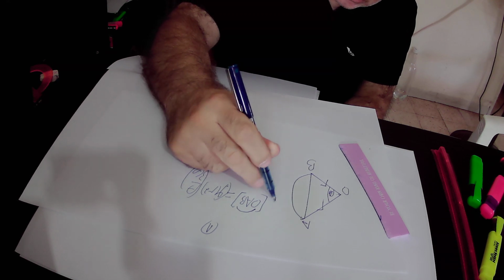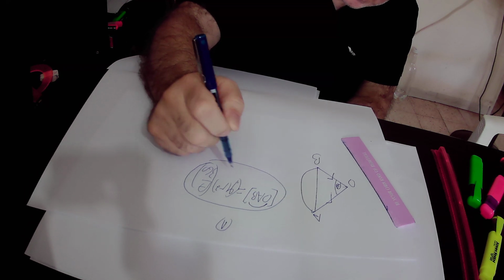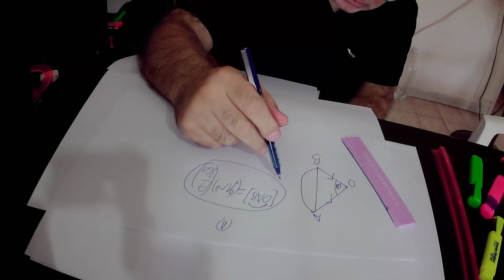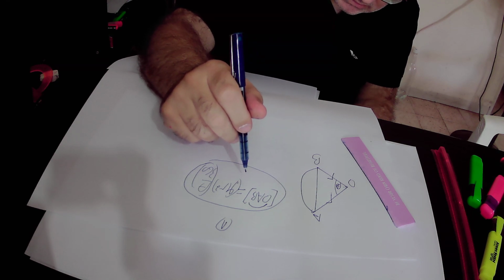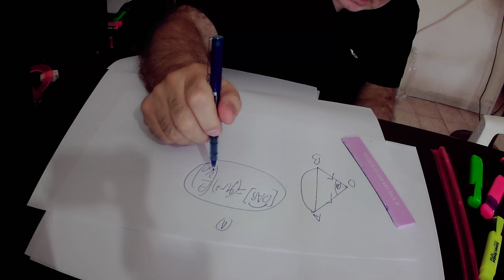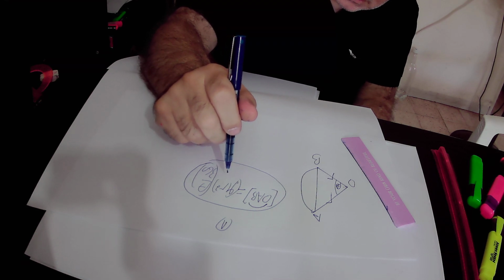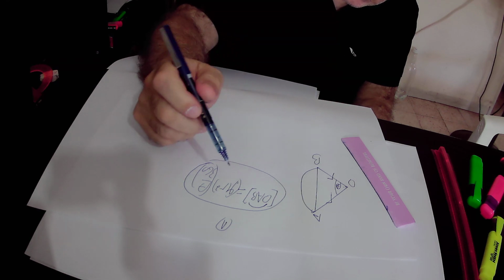Here, this ratio theta over 360 degrees gives us the relative percentage that this sector occupies out of the entire circle. And when we multiply this relative percentage by the area of the entire circle, that is pi r square, we'll get exactly the area of the sector AOB.